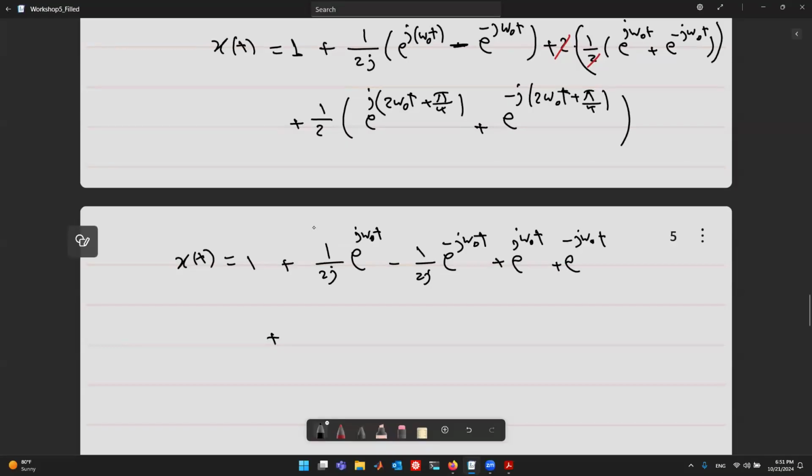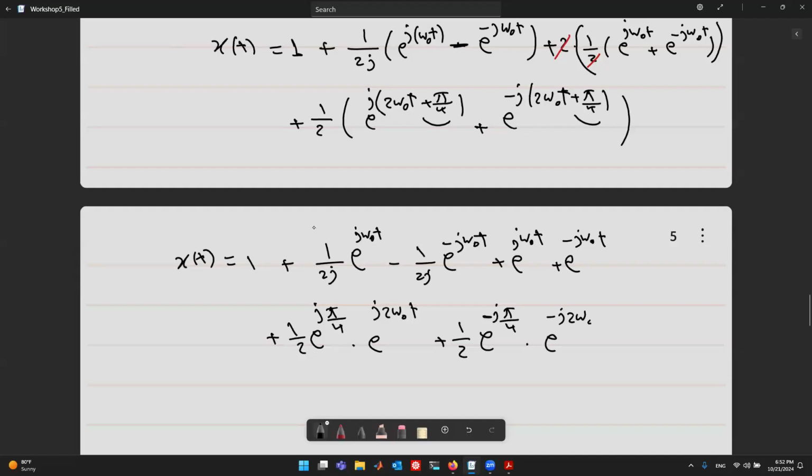Plus, I'll take this outside, I'll make it a product of 2 exponentials. So I'll have 1/2 e to the j pi over 4 times e to the j 2 omega naught t, right? Plus 1/2 e to the minus j pi over 4 times e to the minus j 2 omega naught t.